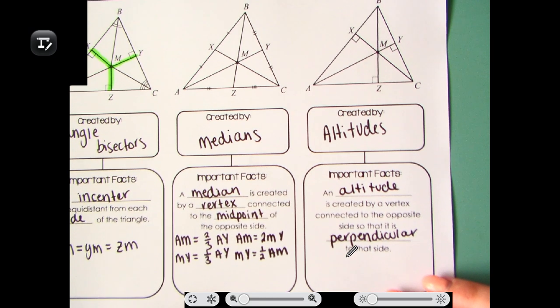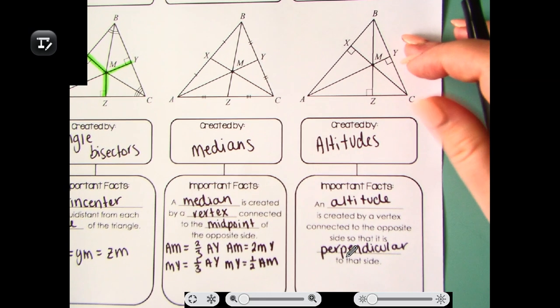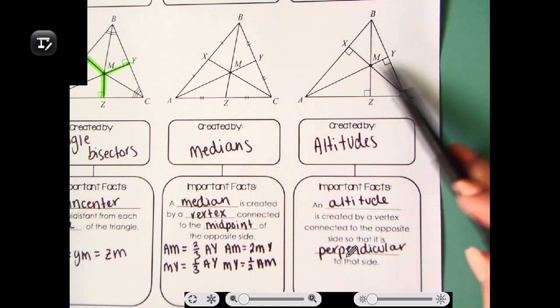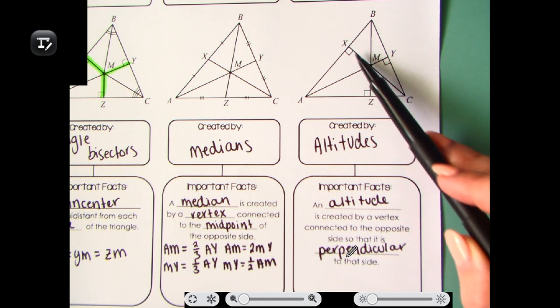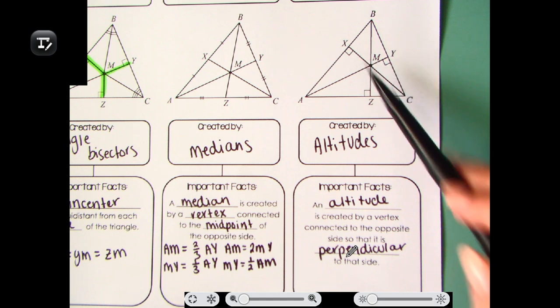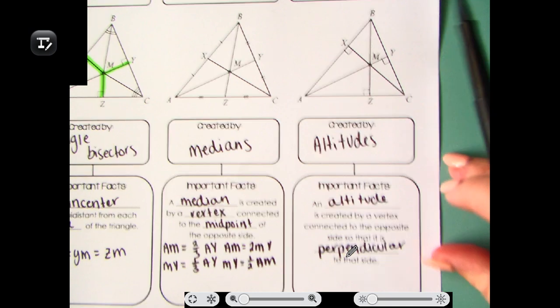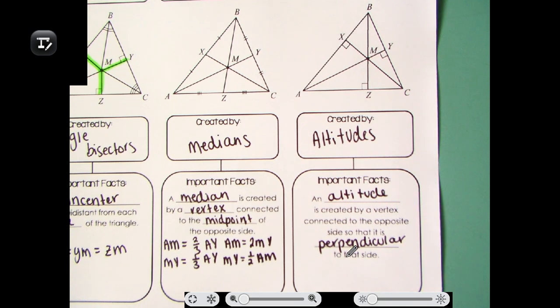It creates these perpendicular angles right here. And notice, they're different in length. You can tell they're all different lengths. These ones are all different lengths too. So that's all we really say about the orthocenter.